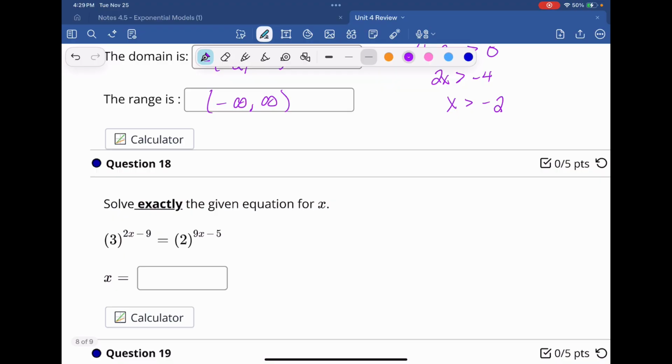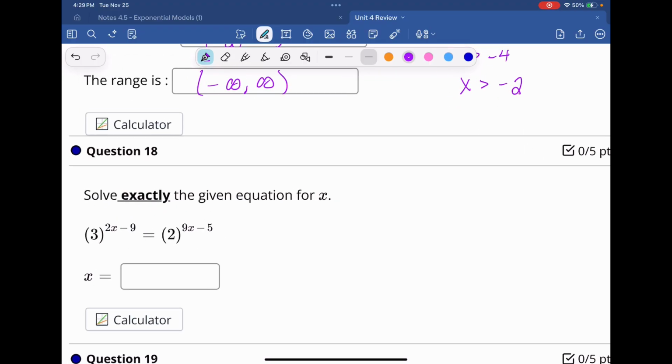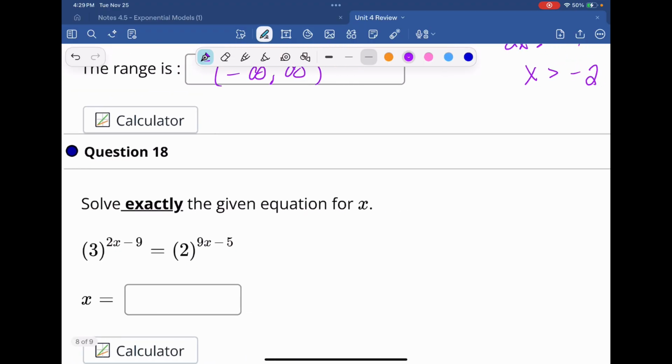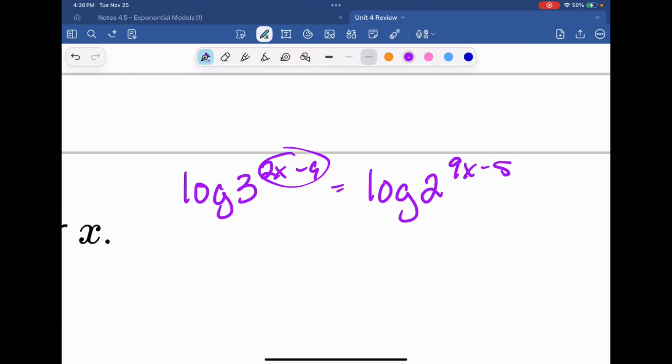Solve exactly. This takes some work. So you're not going to use your calculator on this one. The first thing I'm going to do is take the log of both sides. Then exponents become coefficients.